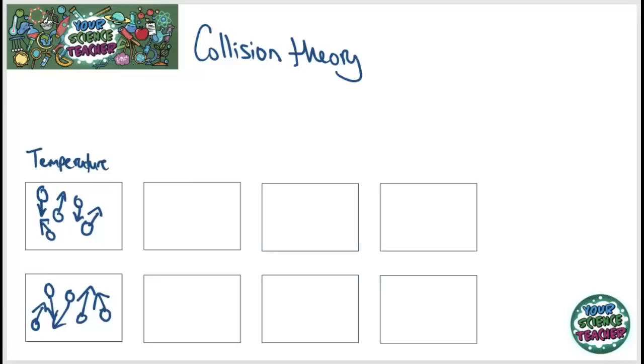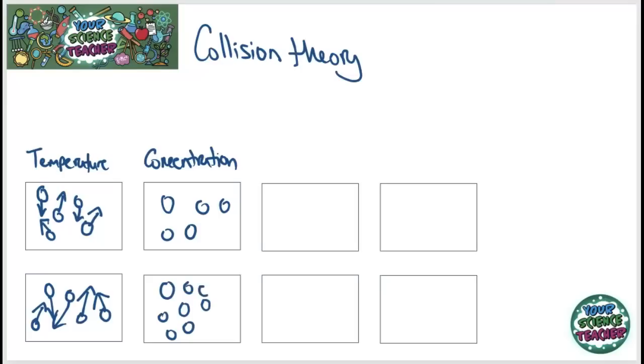Another way that I can affect the rate of reaction is to change the concentration. The more concentrated a solution is, so if I increase the number of particles, the more likely those particles are to collide. So concentration is a key factor in increasing the rate of reaction. Another way I can increase the rate of reaction is to increase the pressure.